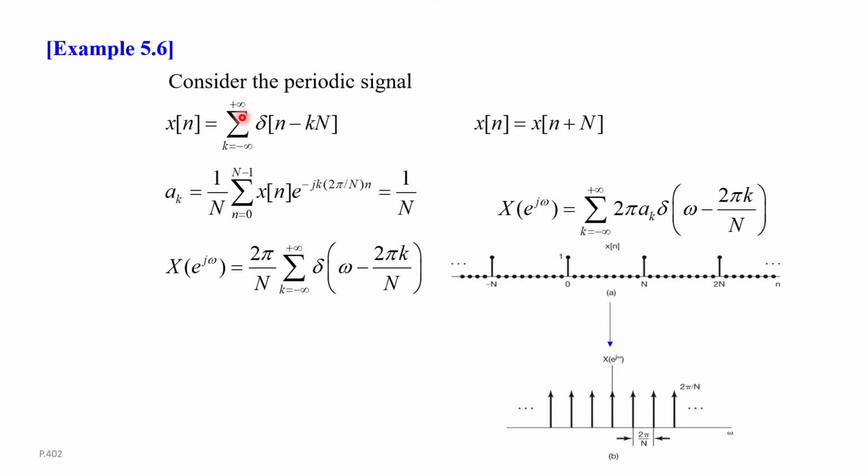Okay? So remember discrete time delta is a little different from continuous time delta. The discrete delta is just value 1. Anyway, so we have this kind of impulse train, although it's not quite impulse, or it's impulse but not quite infinity.